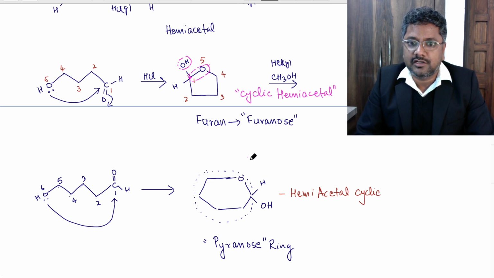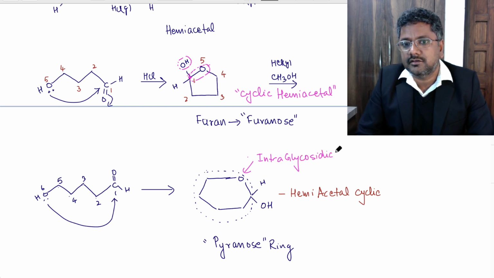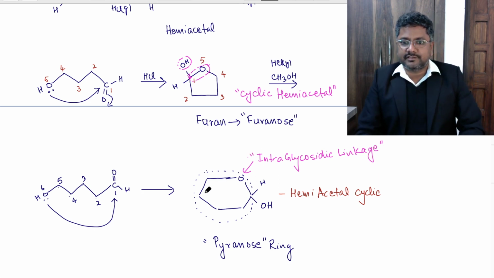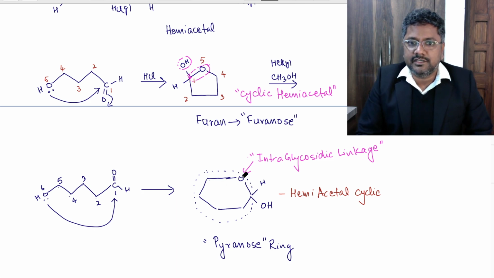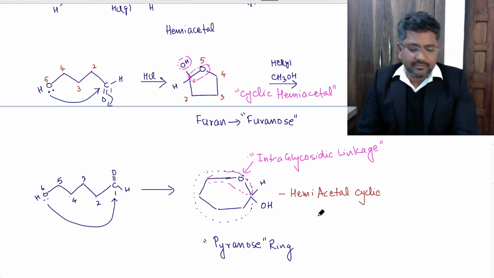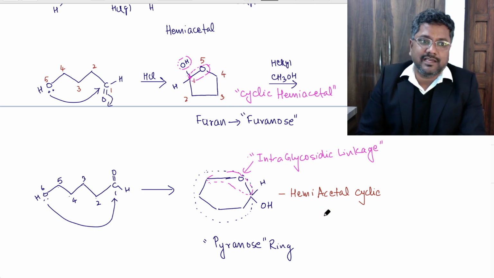This linkage is called intra-glycosidic linkage. This OCO linkage, this part only, is called intra-glycosidic, and sometimes you may get interglycosidic linkage as well, right?